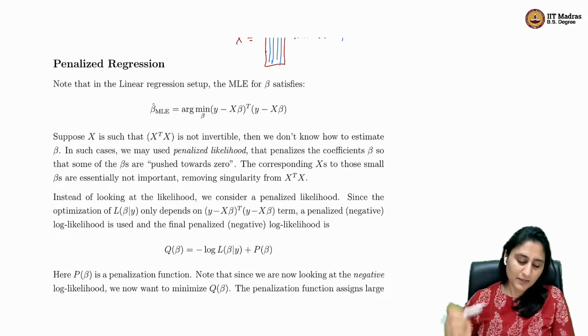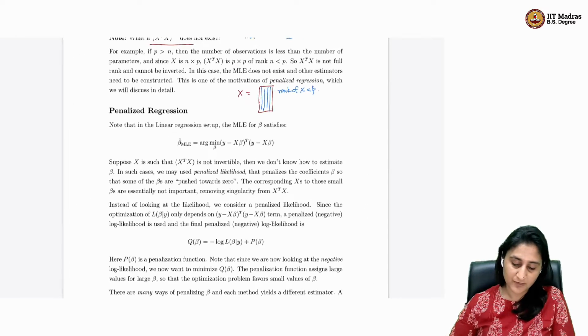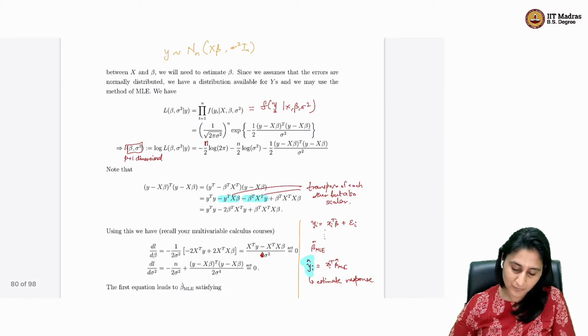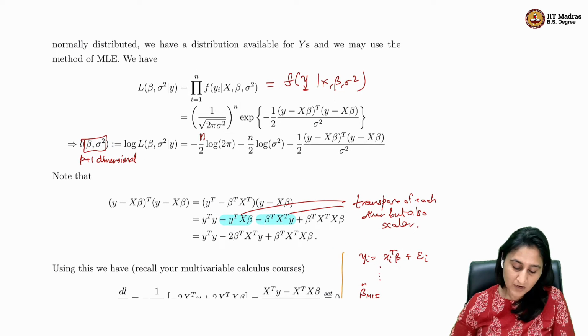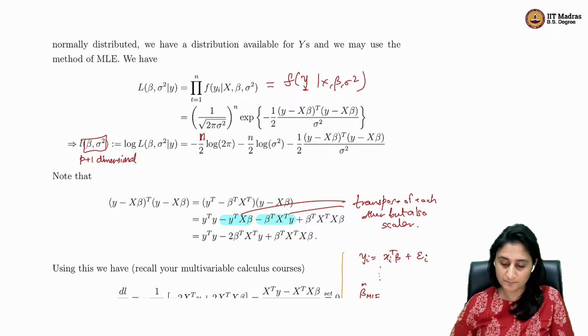Okay, so again, note that in the linear regression setup, the maximum likelihood estimate of beta satisfies that beta hat MLE is the argument that minimizes (y minus X beta) transpose (y minus X beta). Now, if you don't recall this, let's go back to our beta hat MLE. In the objective function, both of the other terms were not functions of beta at all.